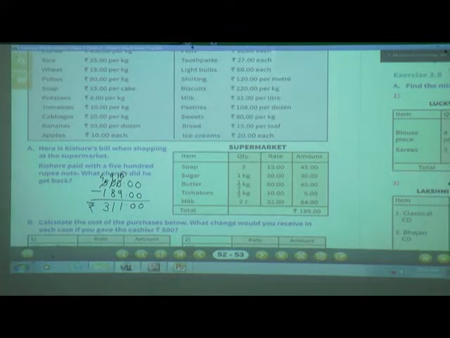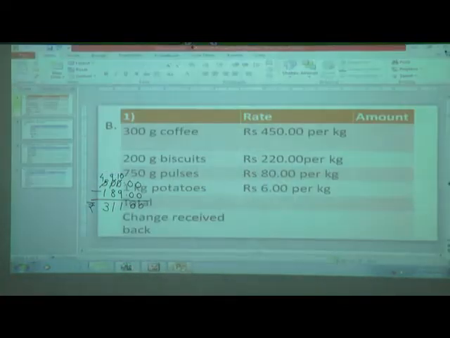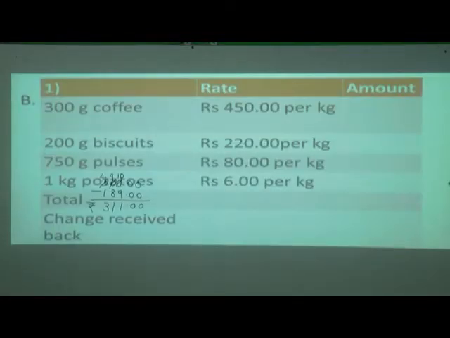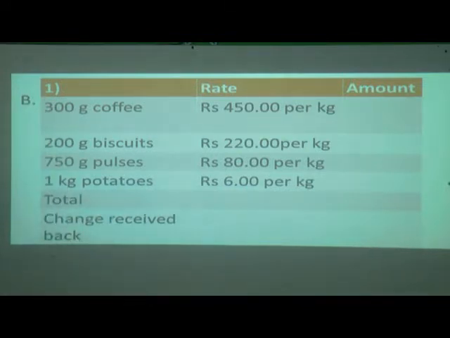Okay. Now we'll see our next example. Question number B, first one, is a table given in the textbook.